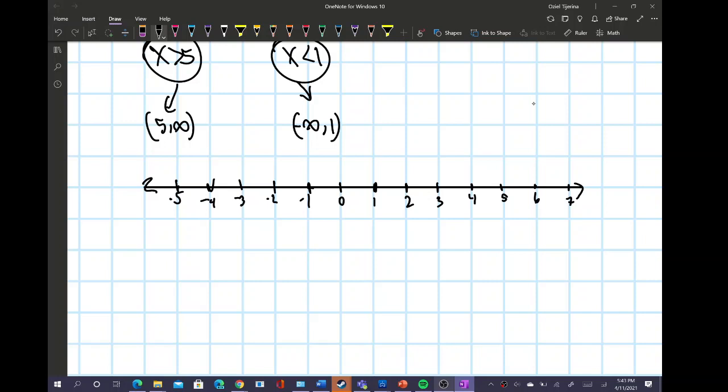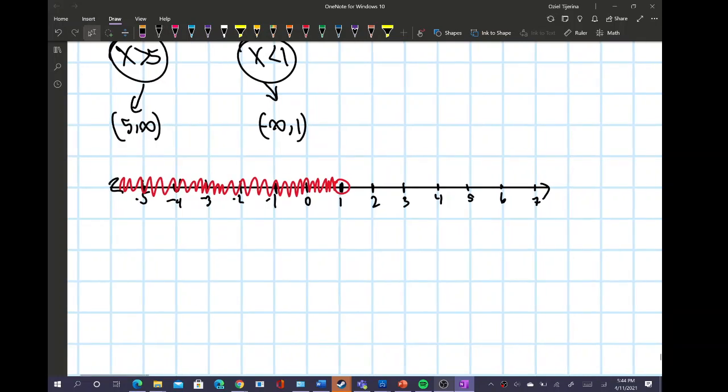Then it would be from negative infinity to 1 without actually counting it, so it would be an open circle at 1, negative infinity to 1. Oh, excuse me, it's positive 1, not negative. Give me a second, guys. Okay, so it's negative infinity to 1, right?